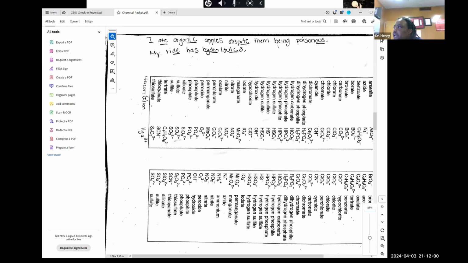I ate organic apples despite them being poisonous. So we have ate and ic are going to go together, and ite and ous. And then you have down here, my ride has hydraulics. Ride and then hydraulics.